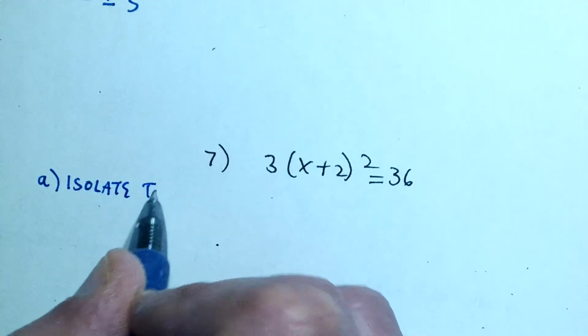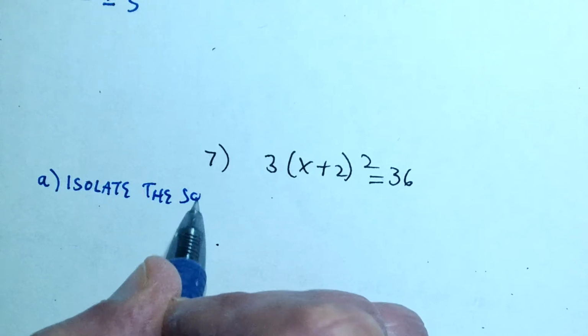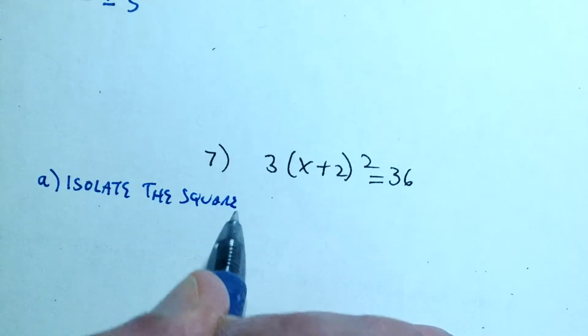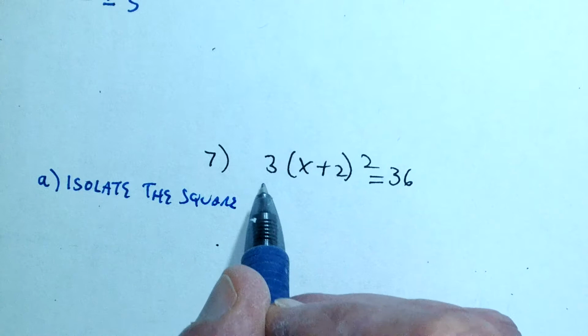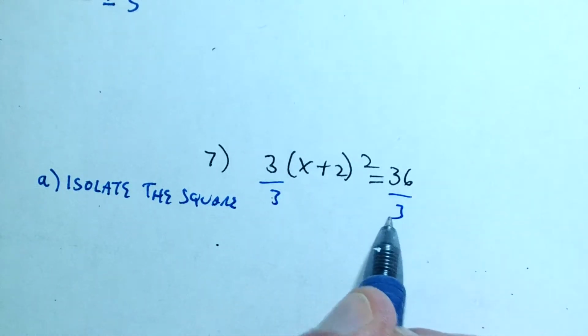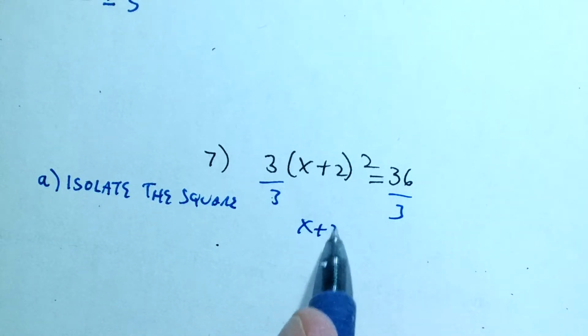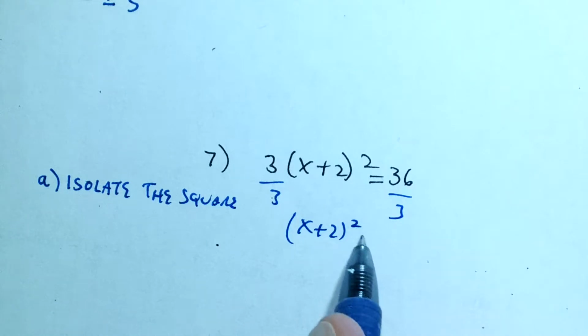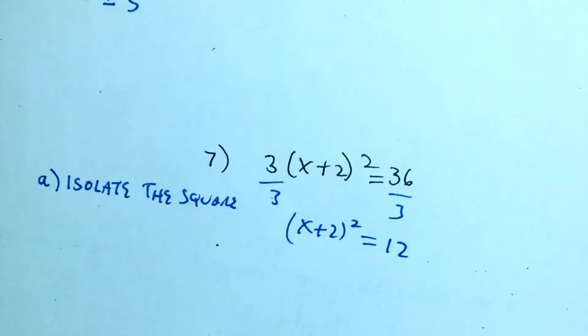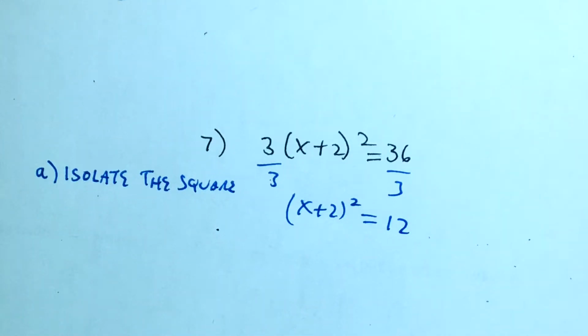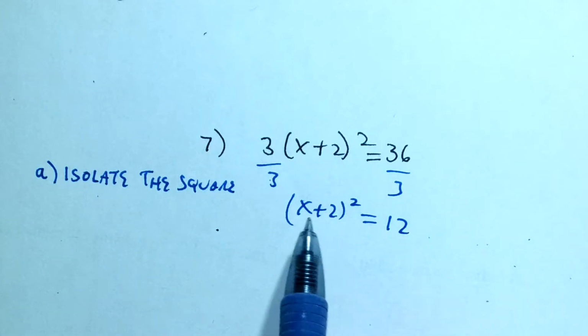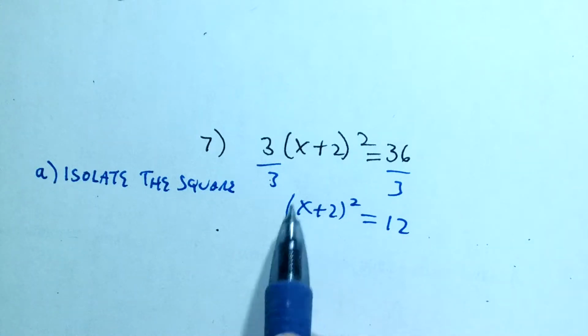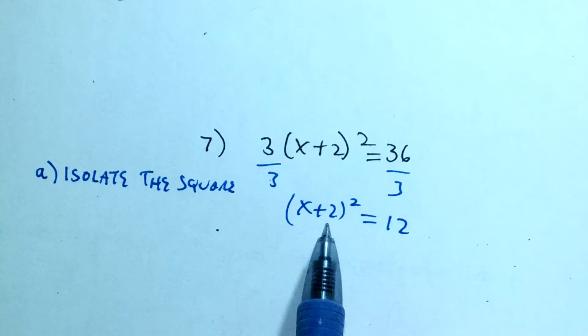Isolate the square. And we're going to do that here by division. So I'll get x plus 2, the quantity squared, is equal to 12. Then what we're going to do is we're going to take the square root to get to the variable that is inside the square.